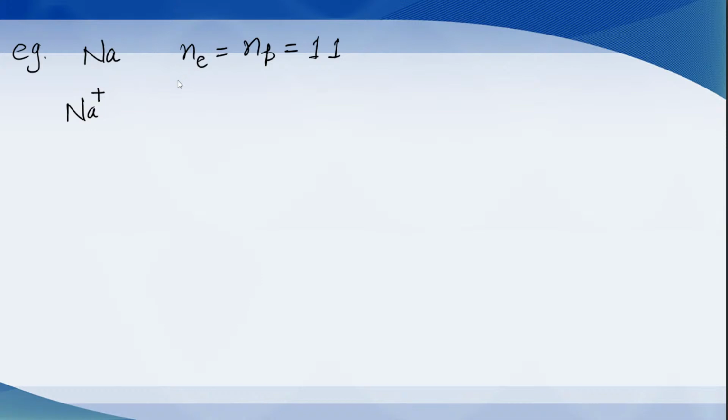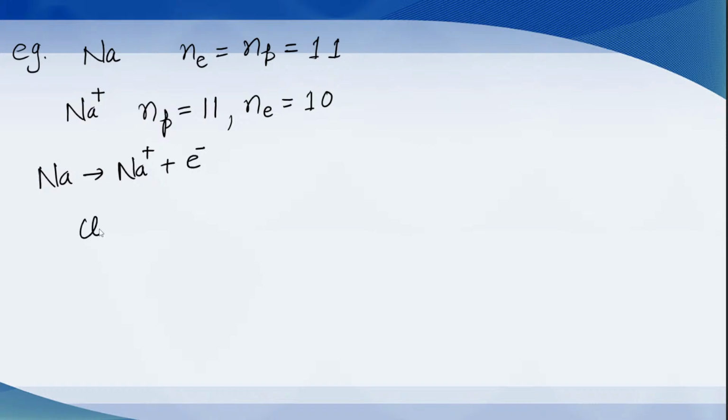So in this case number of protons equal to its atomic number, that is 11, but number of electrons is equal to 10, because one of the electron is removed from sodium. It can be written like this: sodium positive plus electron.